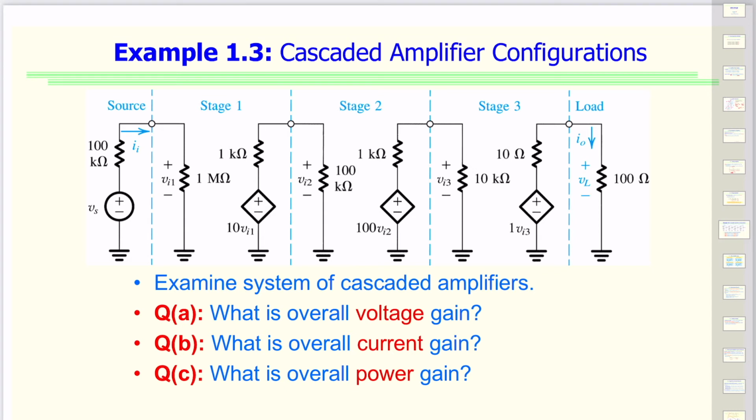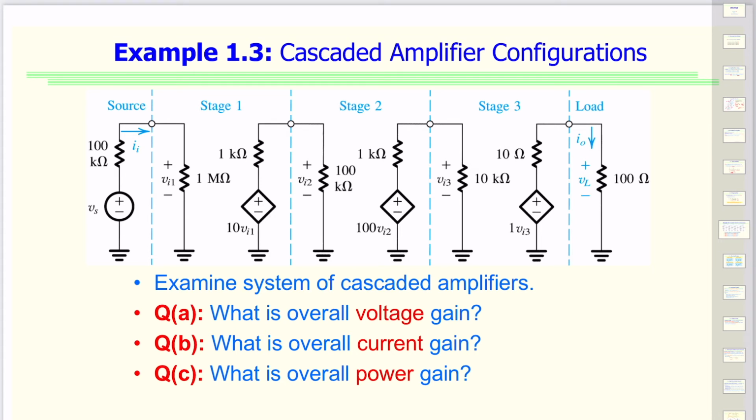In a similar way, to find the voltage gain from source to load, we take AV, the total gain of the three stages, and multiply it with the factor that represents the loss of gain at the input, which is the input voltage of the first stage divided by the source voltage.